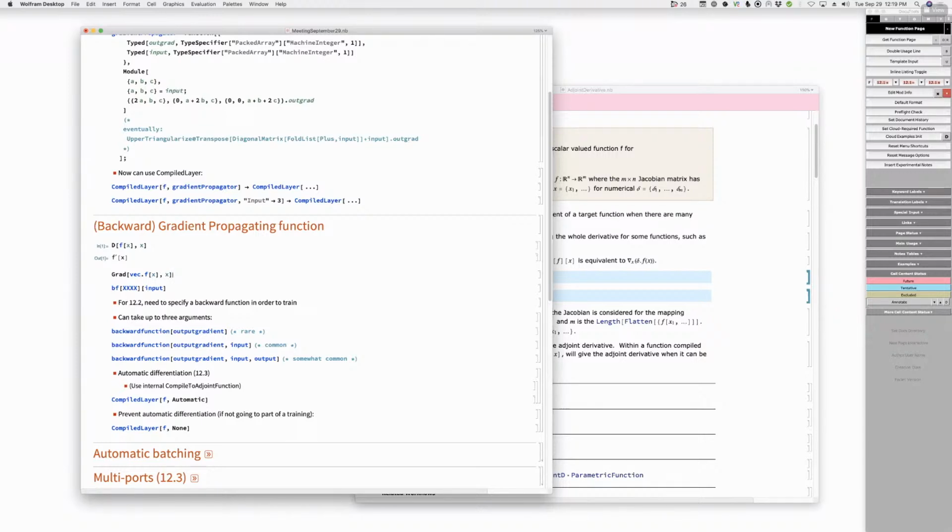So that's why we talk about output gradient. This is a direction in the function space, but for us, it's actually the derivative of the loss with respect to the output of the function. And then we compute the derivative of the loss with respect to the input of the function using this gradient propagating function.